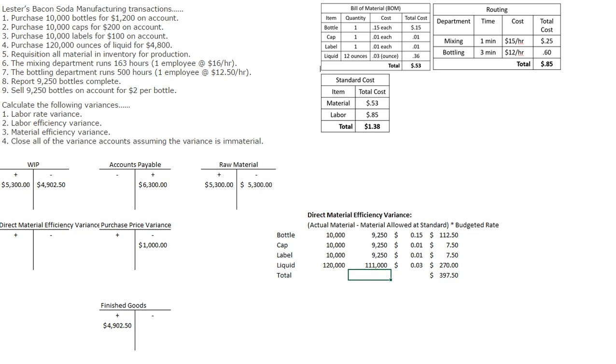So I pulled my standard costs down from this bill of materials. 15 cents for the bottle, 1 penny for the cap, 1 penny for the label, and 3 pennies for the liquid. My formula here is simply taking this minus this times this. So this minus this times this gives us this.